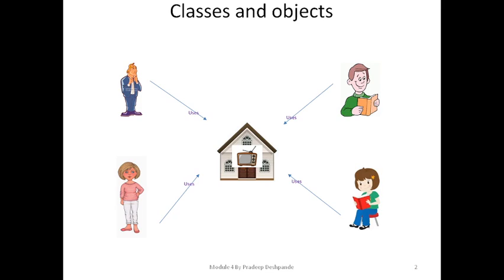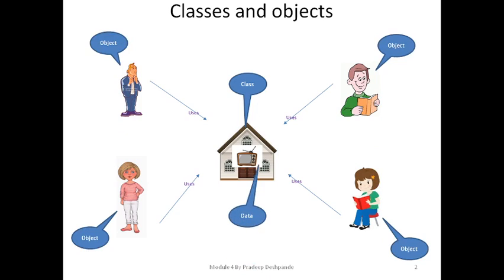Now what do we conclude here? The TV or fridge or whatever items are in the home, they are called data, and this home is a class. So a class contains data and functions, and these four members are called objects. An object always uses the data of the class.